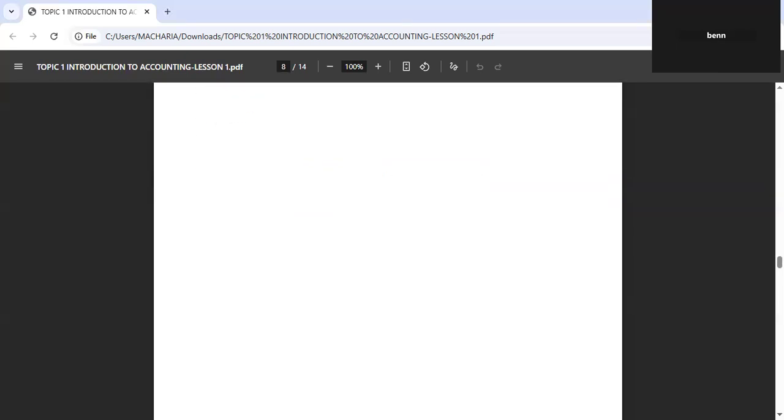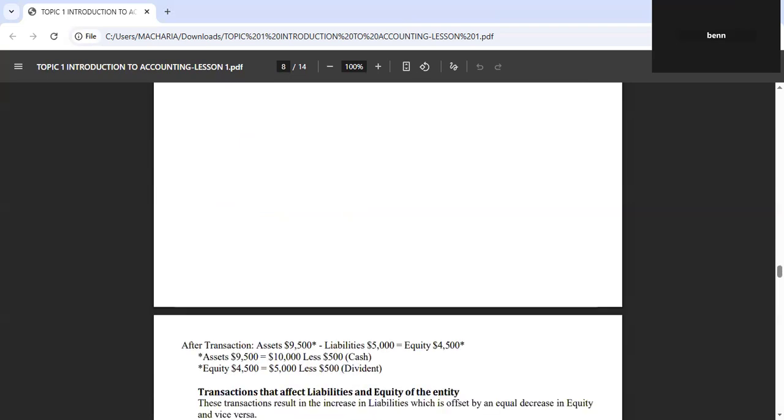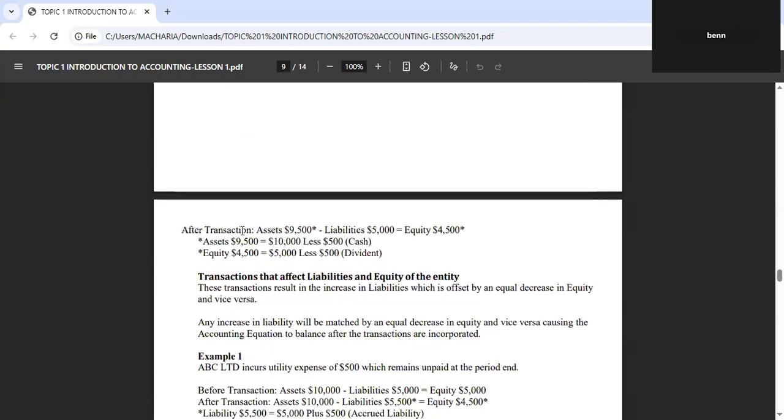So what is going to happen here is you reduce the amount of cash from 10,000, you get 9,500. And on the other side, equity will reduce to 4,500, because we are saying assets 10,000 minus 500, equity 4,500 because of 5,000 less 500. I think you are very much correct.